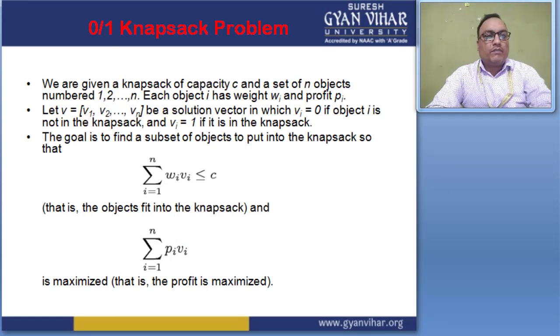In the previous problem, this is the serial path, and here the 0/1 knapsack problem is related to the parallel path method.